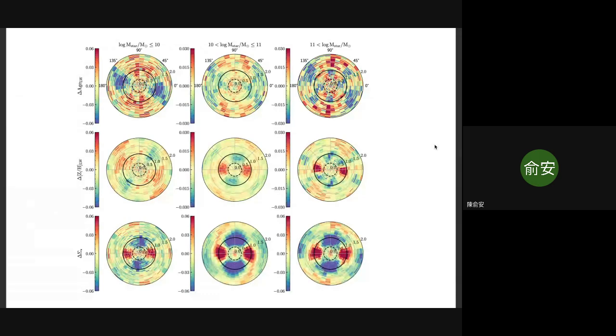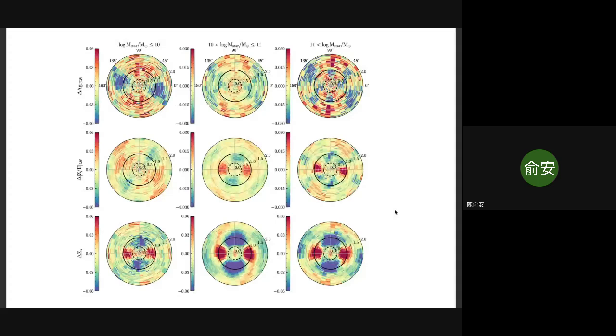From here, we can see that in terms of the stellar mass density, the higher stellar mass galaxies tend to have a clearer bar structure. And then the lower panel is the stellar mass.